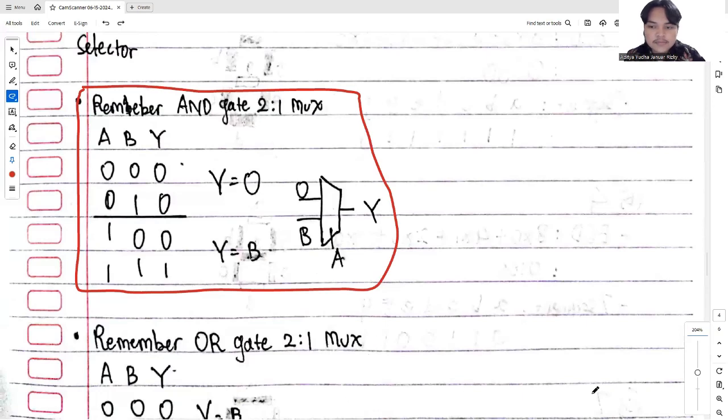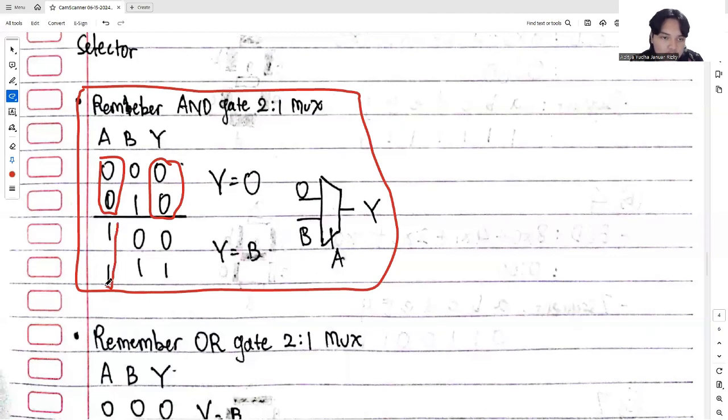Now we can see here there are 2 inputs, A and B, and output Y. I'm using A again as my selector because it's easier. I separate the table into 2 parts: when A is 0 and when A is 1. When A is 0, the output Y is equal to 0.